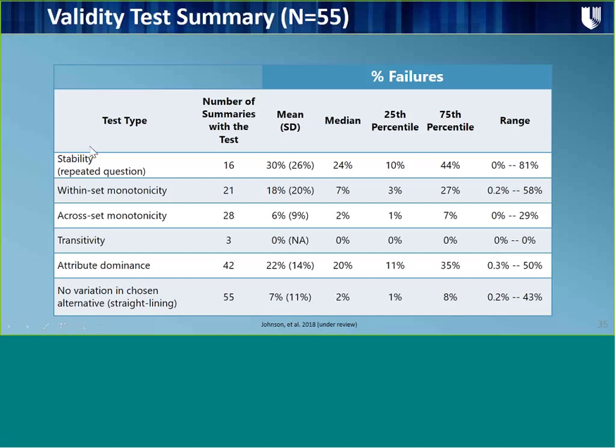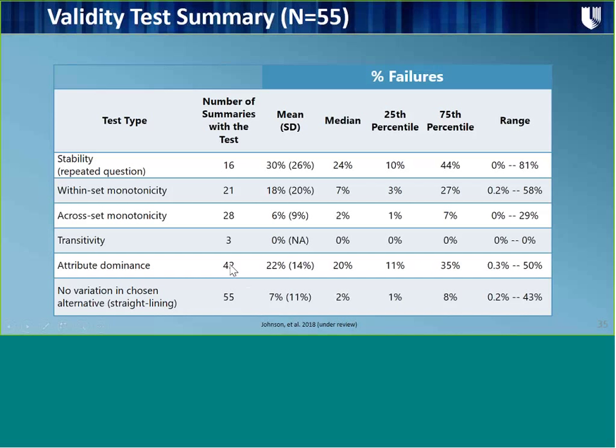We just submitted the manuscript on this, but here's a summary of how often these different tests appeared in the various studies. Transitivity only appeared 3 times because you really had to do something in the experimental design, and most people didn't do that. The attribute dominance is the most frequent thing, and you can observe this in any choice data set, regardless of its experimental design.